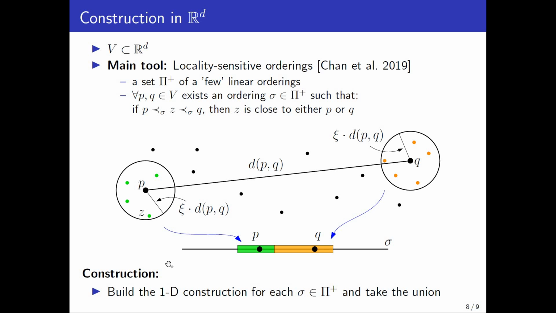This path corresponds to a 1 plus epsilon path in the original space, since it can have only one long edge that connects the locality of p and the locality of q. All other edges are short-range edges in the small balls around p or q. By choosing the parameters carefully, we can show that it's indeed a 1 plus epsilon path. This is the intuition behind the construction.